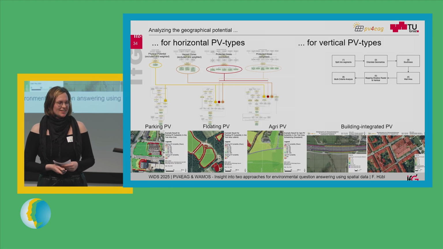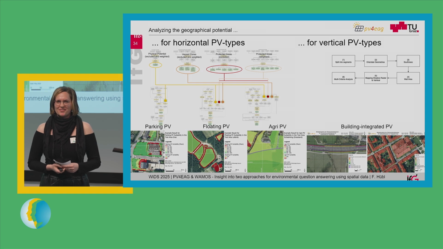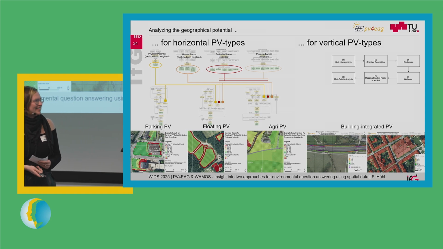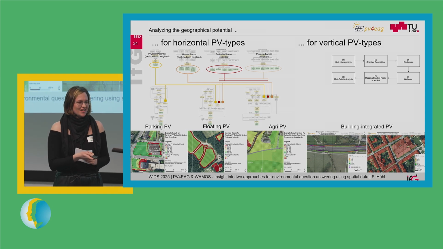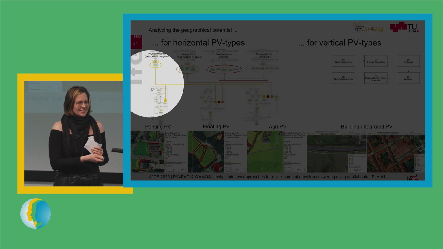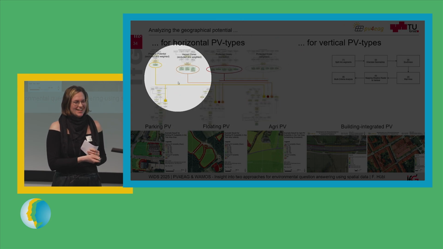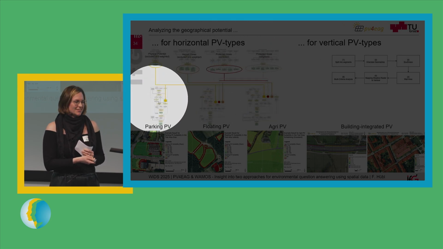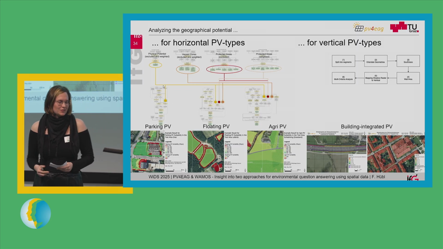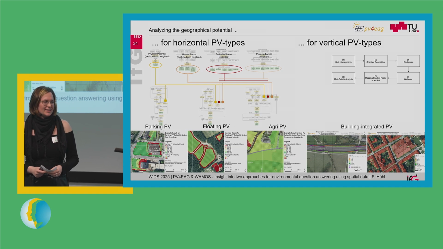I love this slide because it shows how complex the whole analysis is. This is just a short insight, but we have a lot of flow charts, whatever work we do, we document like that.